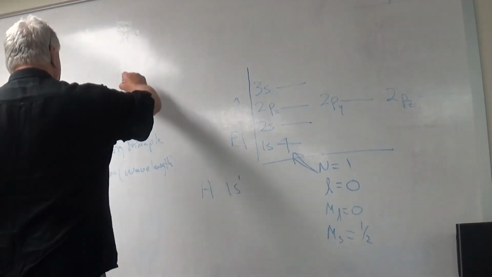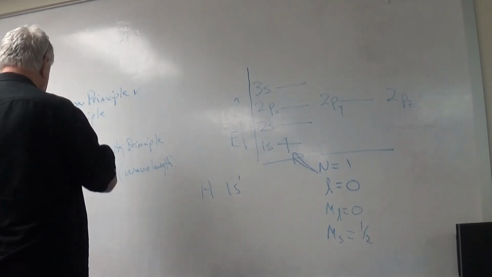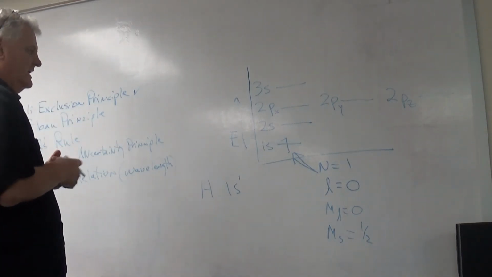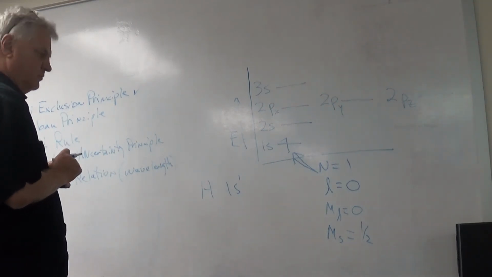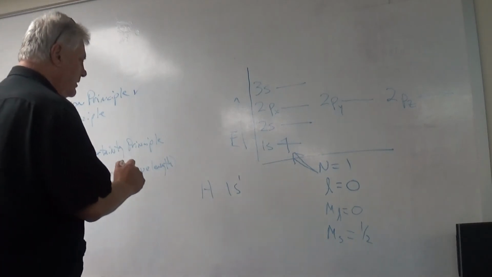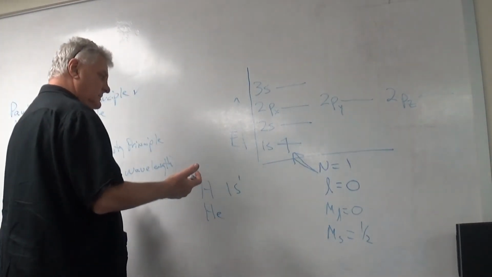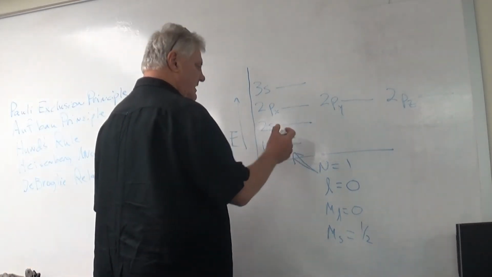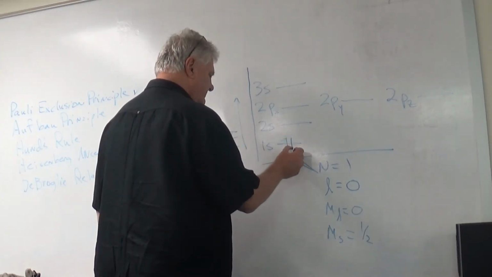Now everyone again knows the rules of the Pauli exclusion principle, that no two electrons in an atom can have exactly the same set of 4 quantum numbers. So when we go to helium, if it's an atom, it has 2 electrons, and this orbital can have up to 2 electrons in it, but they have to have opposite spin.